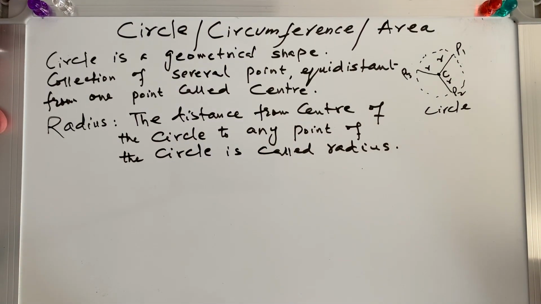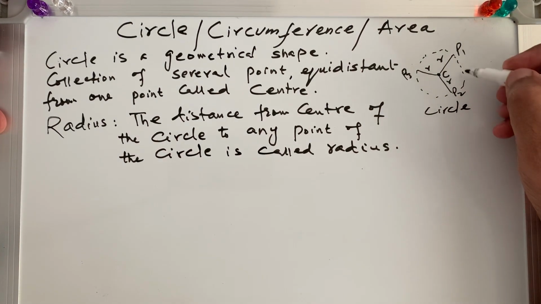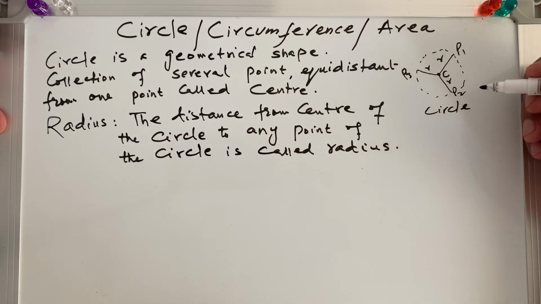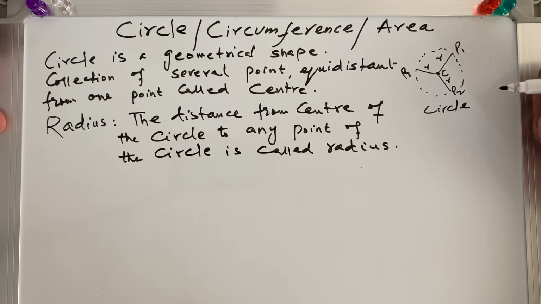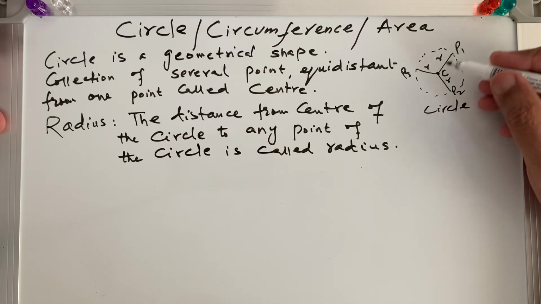It's a geometrical shape, collection of several points equidistant from one single point called center. And the distance from the center to any given point on the circle is called radius. So the length of any line segment from the center of the circle to its edge. You can define it many ways, but you need to know what is the radius, right?